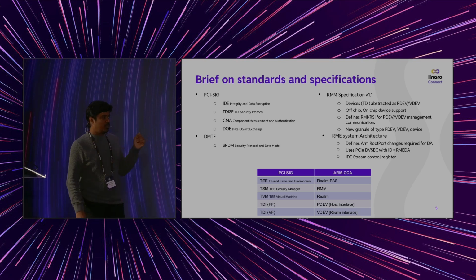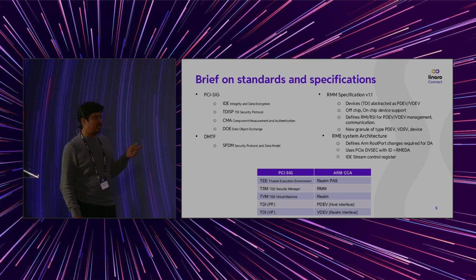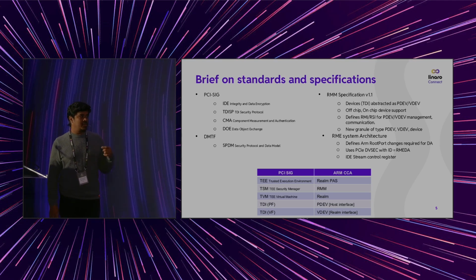So let's just quickly run through the terminology comparison. The TE, which is the Trusted Execution Environment, refers to the realm in ARM CCA. Similarly, the TE Security Manager refers to the RMM, which is running at REL2. And the TVM, which is the TE virtual machine, is equivalent to the realm.